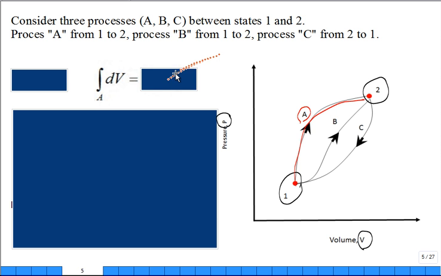How about something even easier? No, you're making it too hard. Think simple. I'm talking about the characteristic of a property. What is the integral of dV? It's just V2 minus V1. Does that equation make sense?